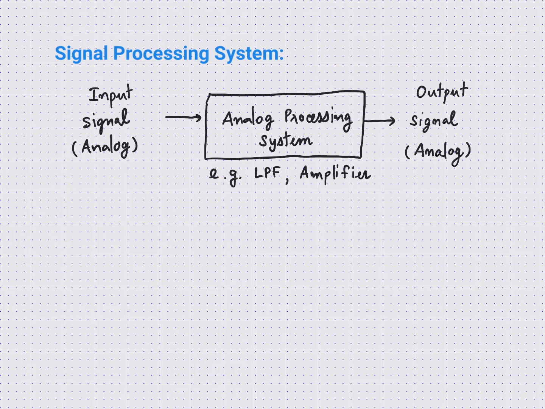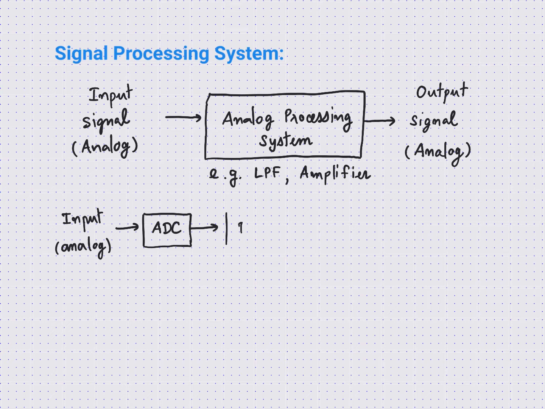However, in the modern day, we have the input, which is analog, processed by using the digital signal processing system. In this case, the input signal first has to be transformed into digital. This is done by using the ADC, or analog to digital conversion.